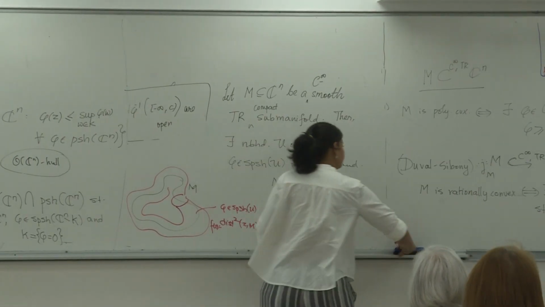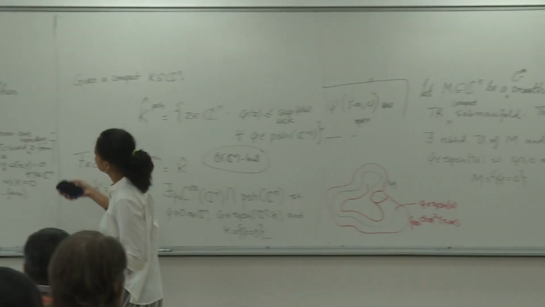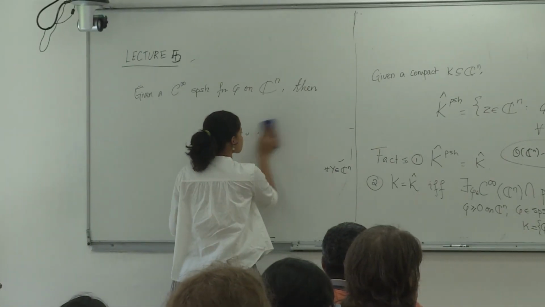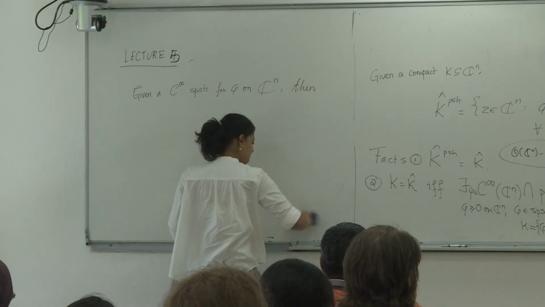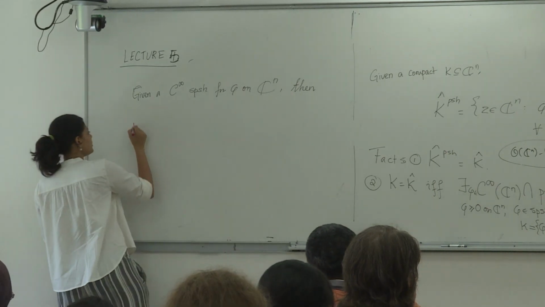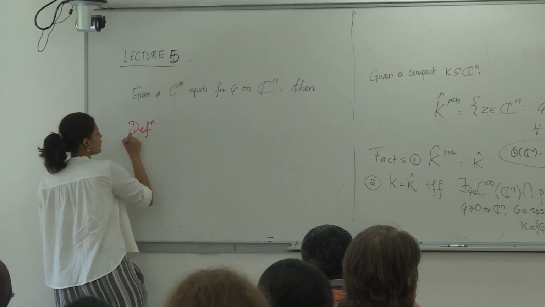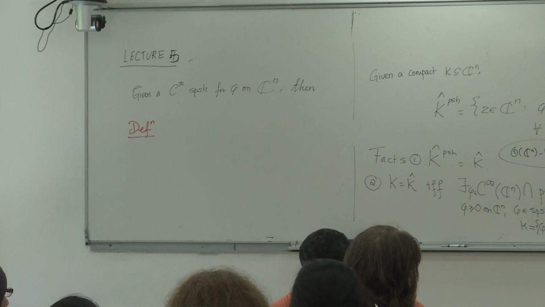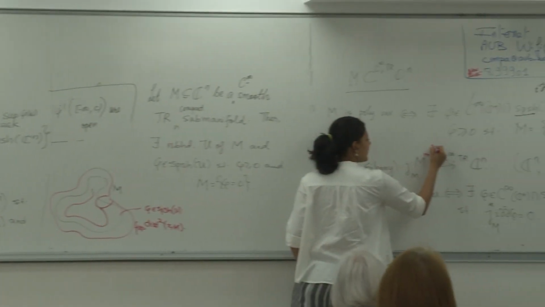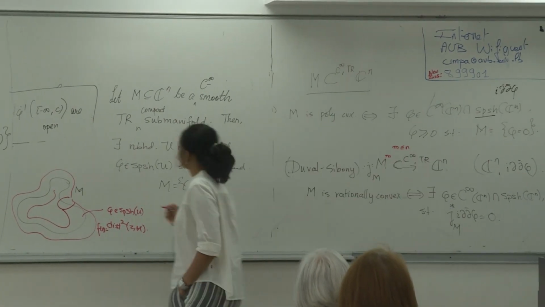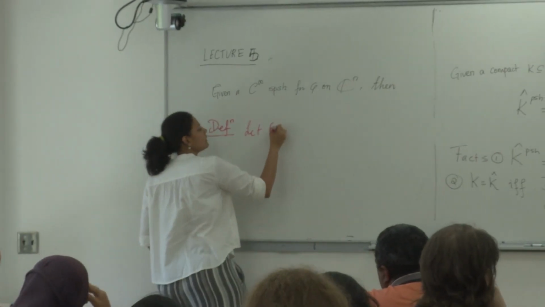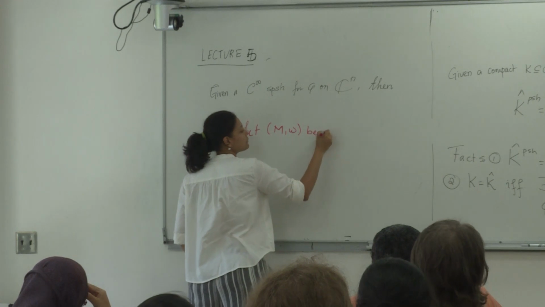Let's be careful here. The dimension is less than or equal to n. Definition: let (M, omega) be a symplectic manifold.